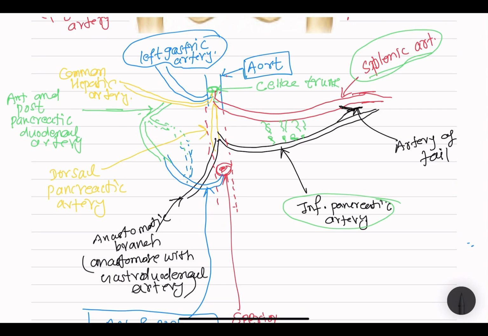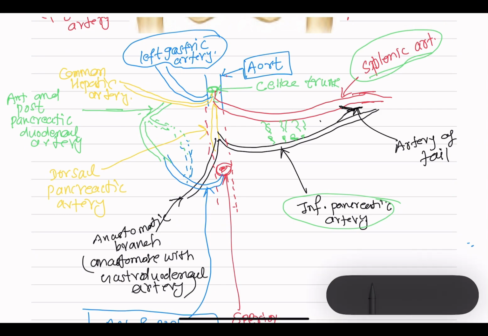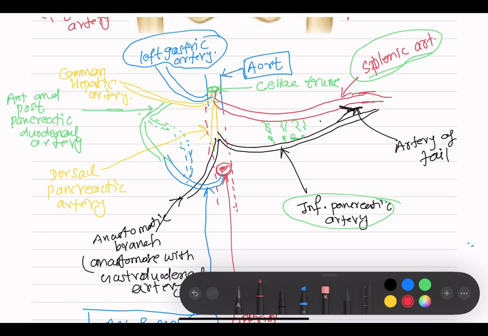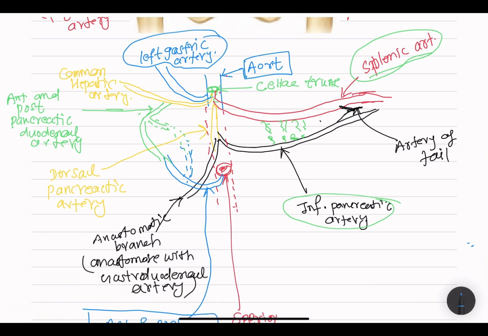We have to know this: one is the great artery from the splenic artery, and from the inferior pancreatic artery it's going like this, it anastomoses, and forms the greater pancreatic artery.